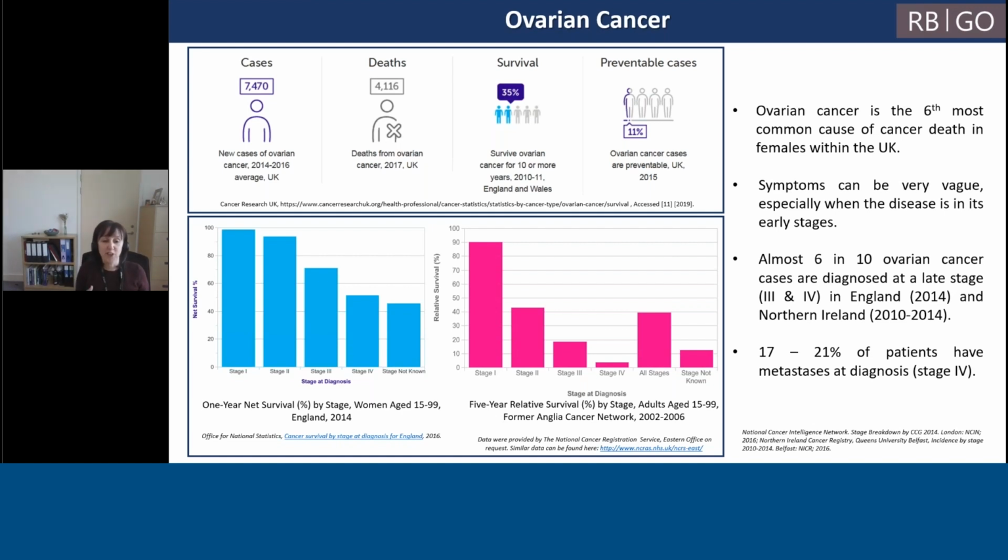Also, patients commonly display resistance to current chemotherapeutic agents, such as the platinum-based drug cisplatin, and this further complicates treatment strategies. Therefore, there is an urgent need for new treatment strategies to combat ovarian cancer metastasis.